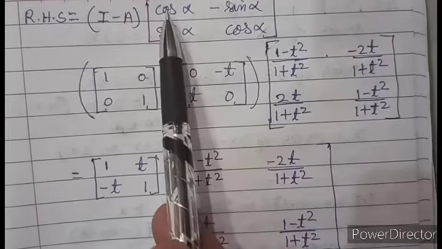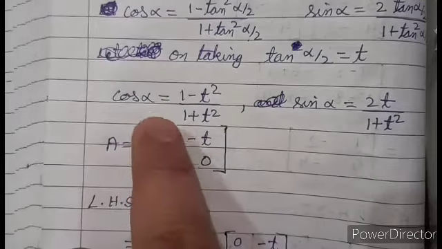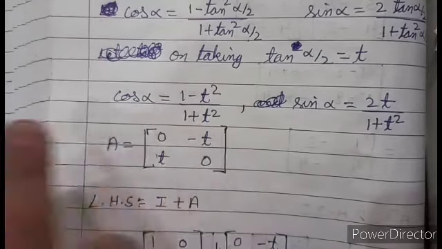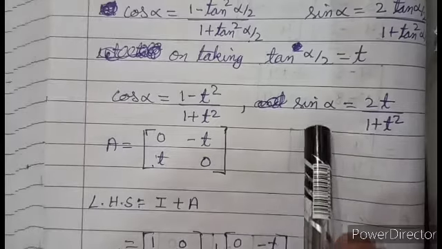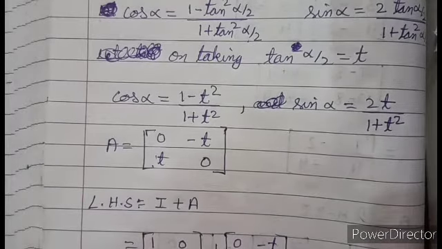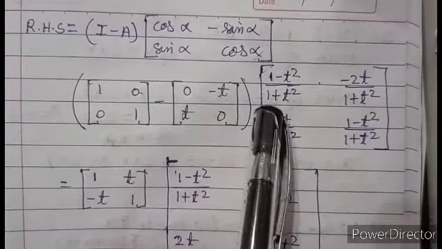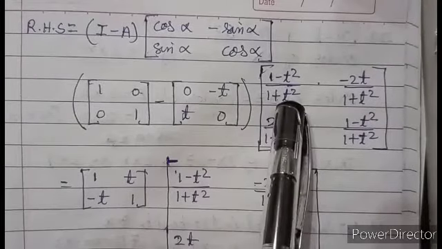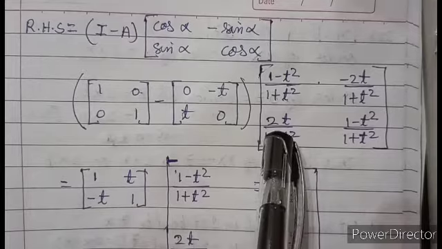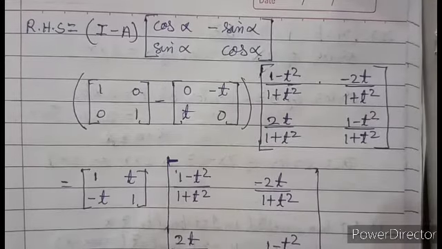Now cos alpha was 1 minus t square upon 1 plus t square, and sin alpha was 2t upon 1 plus t square. So in place of cos alpha, we will take 1 minus t square upon 1 plus t square, and in place of sin alpha, we will take 2t upon 1 plus t square.